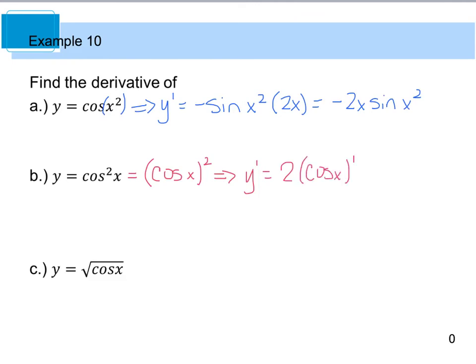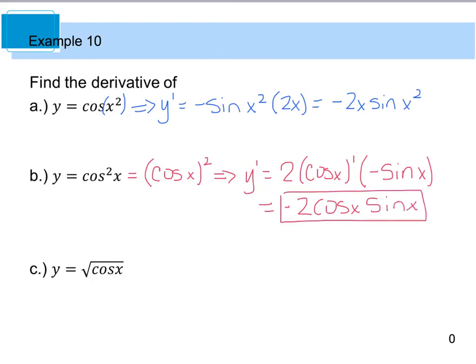And we're going to raise that to the first power. Now I have to take the derivative of the inside, or the derivative of cosine, which is a negative sine x. So when I simplify this, I really have a negative 2 times the cosine of x times the sine of x. And this here is the final piece.